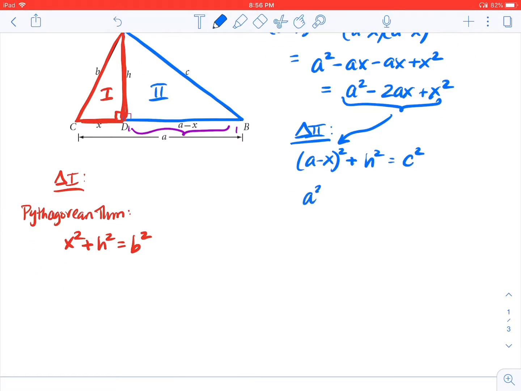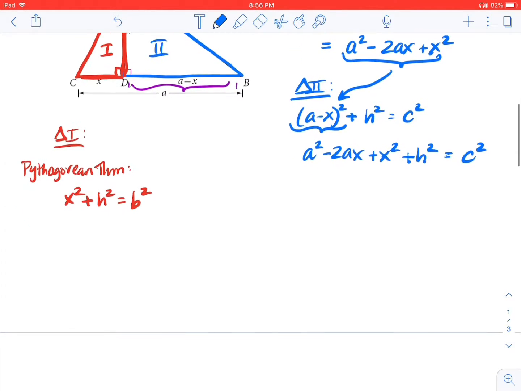This is a squared minus 2ax plus x squared plus h squared. That's all we did, is replace or substitute that expression, is equal to c squared.